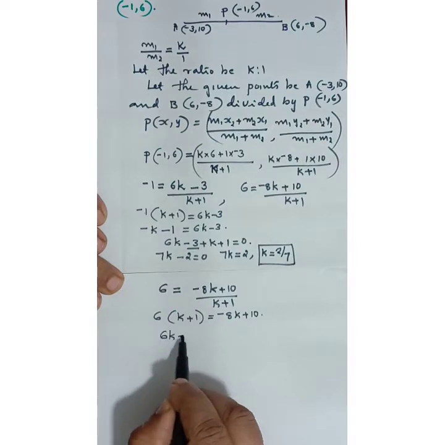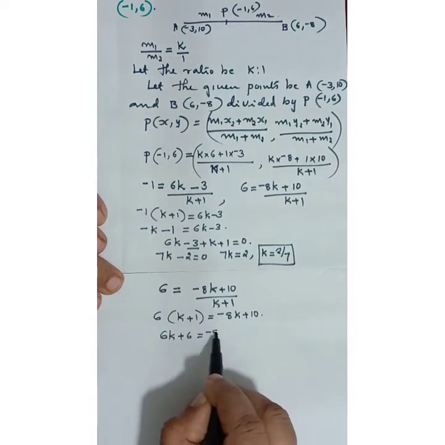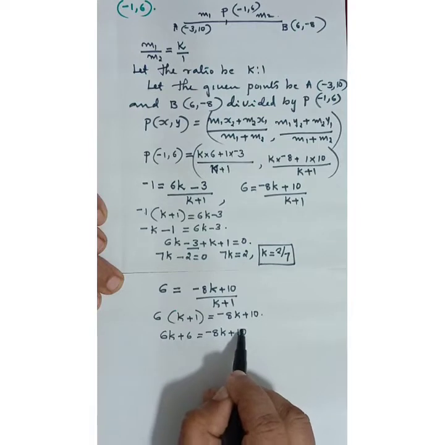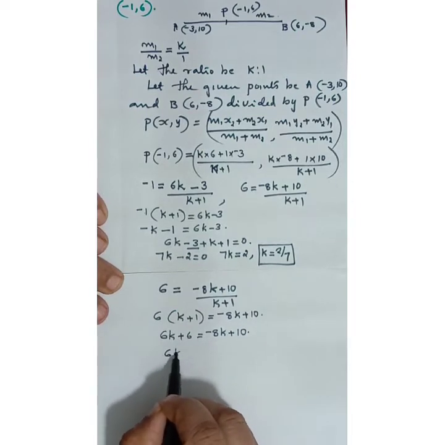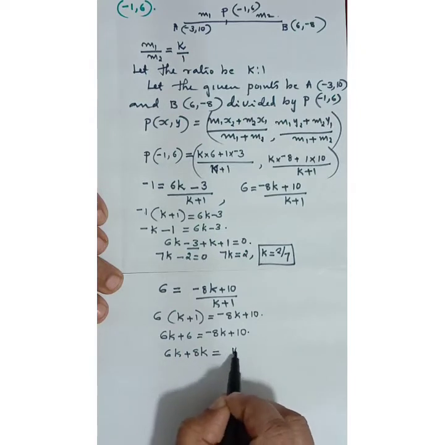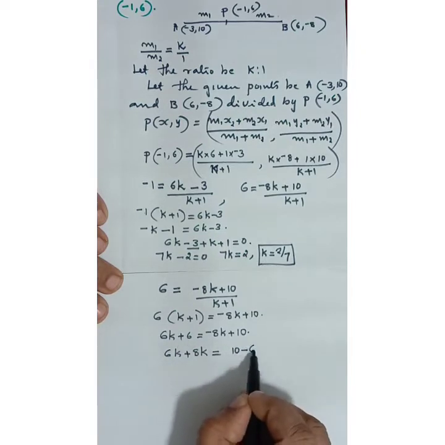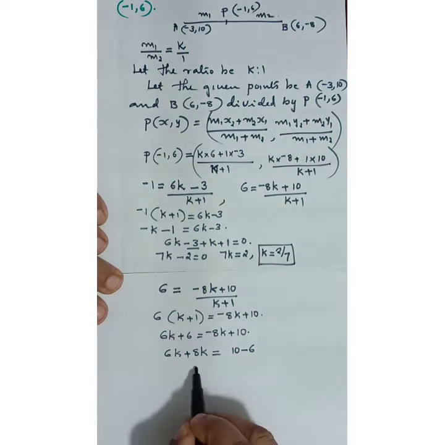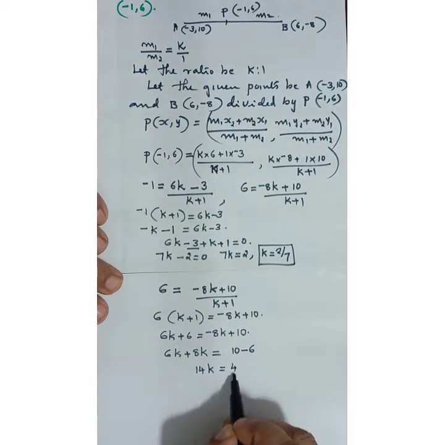It becomes 6K plus 6 equal to negative 8K plus 10. Take everything to one side, 6K plus 8K, 10 is here and positive 6 as negative 6. Here we have 14K equal to 4.